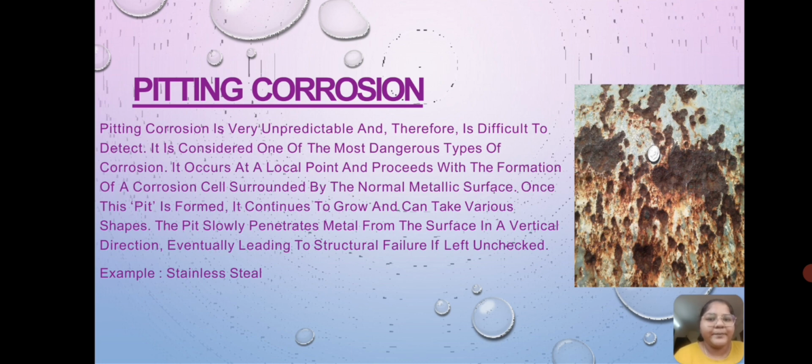Once this pit is formed, it continues to grow and can take various shapes. The pit slowly penetrates the metal from the surface in a vertical direction, eventually leading to structural failure if left unchecked. Example, stainless steel.